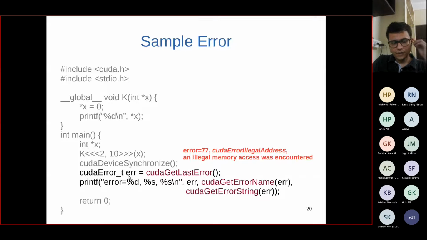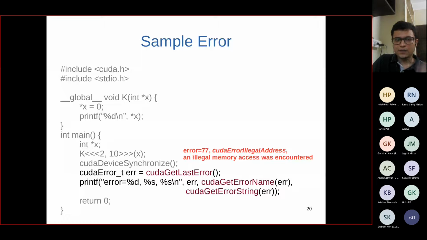To print what the error was, which was reported by cudaGetLastError, we need to pass this variable err to cudaGetErrorName and cudaGetErrorString. It will print the name and string corresponding to that error.